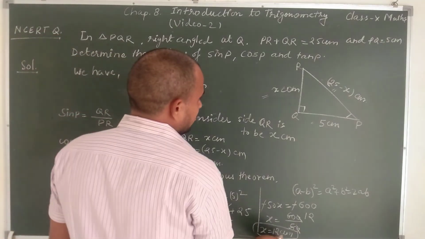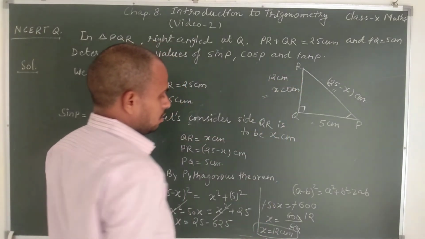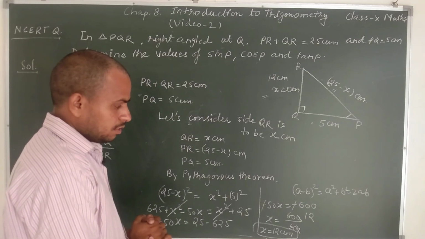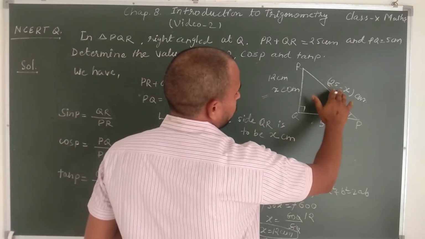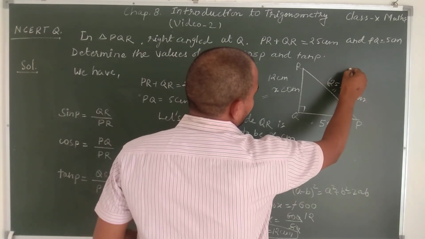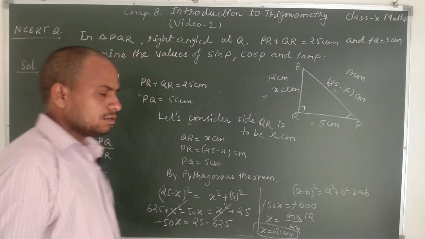QR is 12 centimeter, PR is 25 minus 12, that is 13 centimeter, and PQ is 5 centimeter.